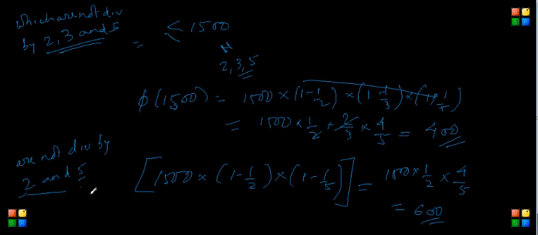So even if I didn't calculate the phi of 1500 here, I can find the number of numbers which are not divisible by 2 and 5. All I am doing here is taking out of contention all the numbers which were divisible by 2 and 5, and in the previous case I did the same thing, taking out all the numbers which were divisible by 2, 3 and 5. So this should give you some idea.